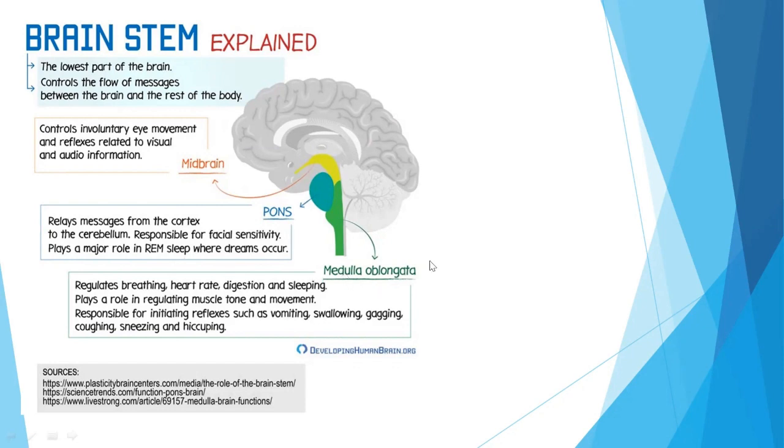The medulla oblongata regulates breathing, heart rate, digestion, and sleeping, and plays a role in regulating muscle tone and movement. Reflexes such as vomiting, swallowing, gagging, coughing, sneezing, and hiccuping all come from the medulla oblongata. So when these typical functions are affected, and on top of that we are given a histology slide, then you can easily crack the question.